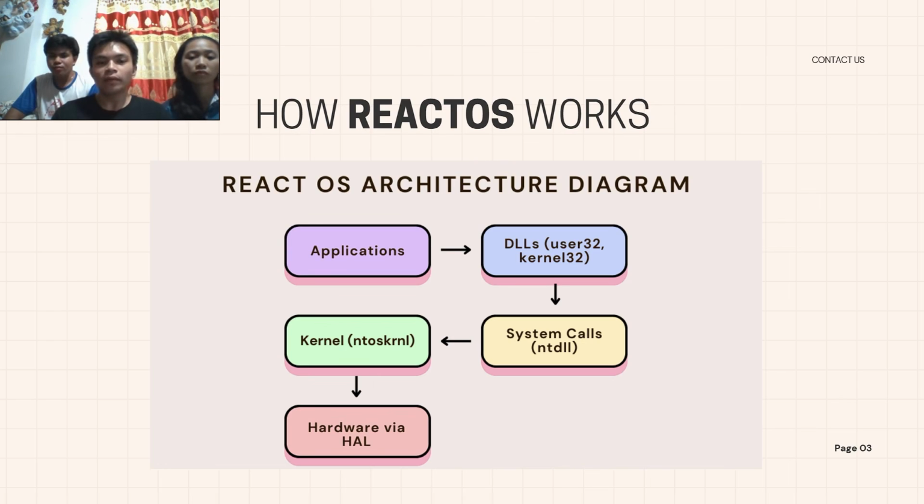These communicate with kernel mode where the heart of the system runs. These include the kernel, device drivers, memory manager, and process scheduler. Together, this layer allows ReactOS to behave just like Windows, but all in open source form.